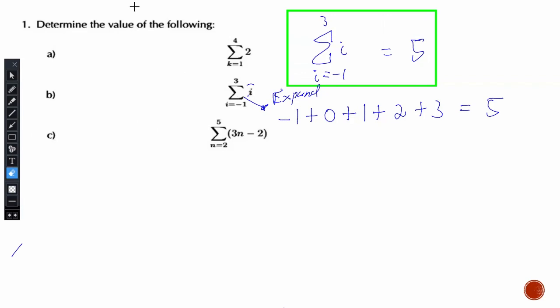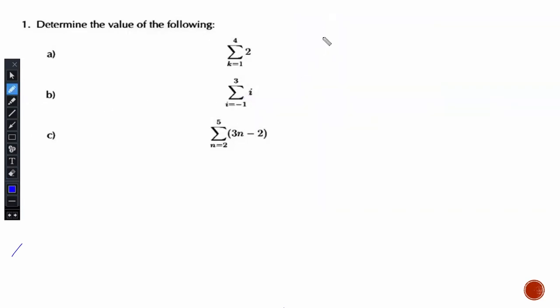Okay, then we have C. How do we deal with C? Again, we have n is equal to 2, and then we have 3n minus 2, and then 5 here. So this is running all the way from 2 to 5. Then the first thing we do is expand. This means that we have to start substituting our n as 2.